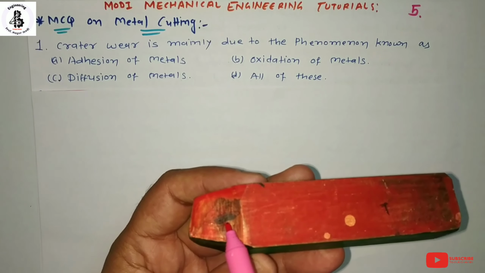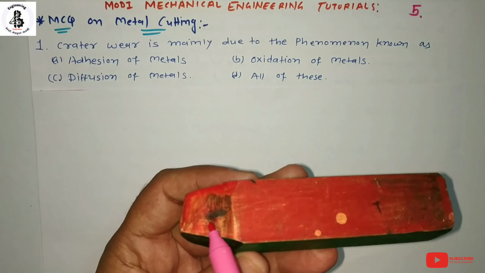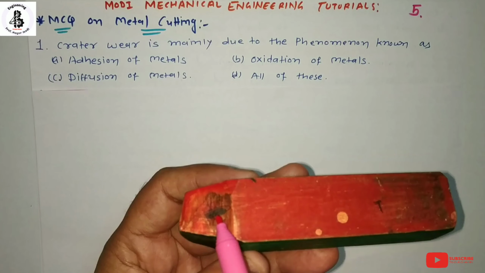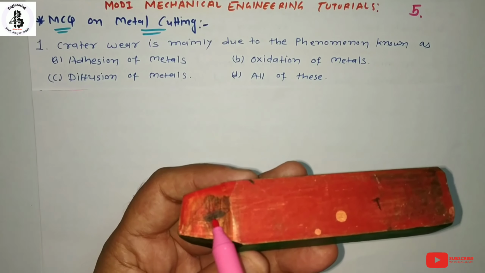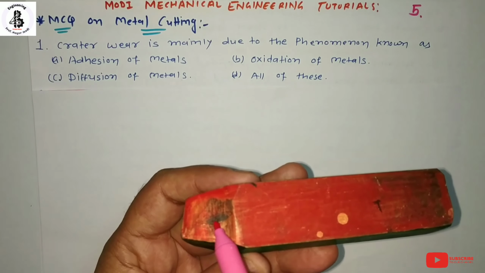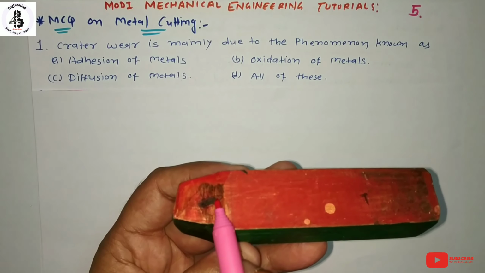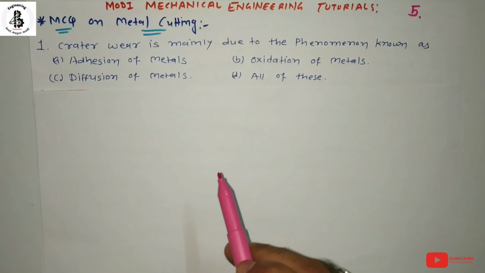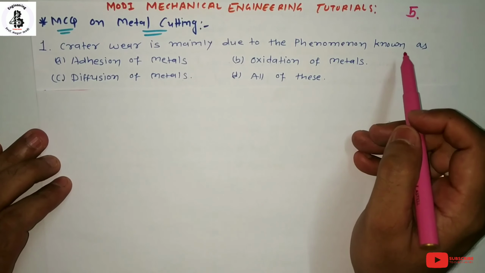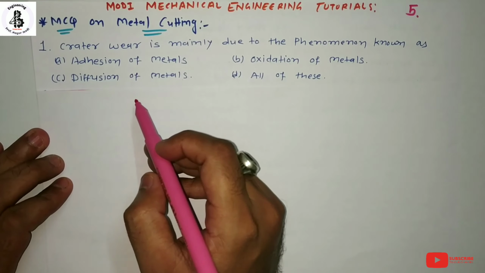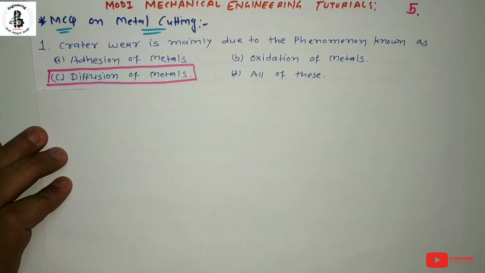Due to the diffusion of that micro weld material, the top face is worn out, and that is called crater wear on the single point cutting tool. So in this question, crater wear is mainly due to the phenomenon known as diffusion of metal. So the answer is C.